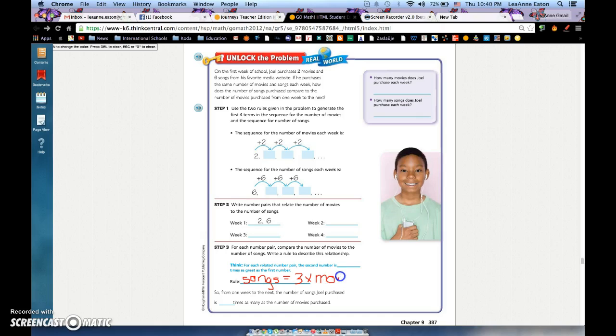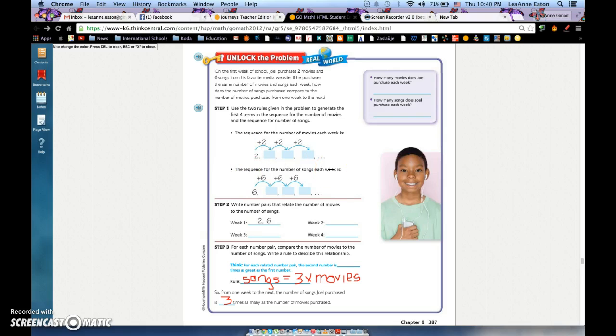So he buys 3 times as many songs each week as he does movies. Makes sense because movies tend to cost more than songs. So from one week to the next, the number of songs Joel purchased is 3 times as many as the number of movies purchased.